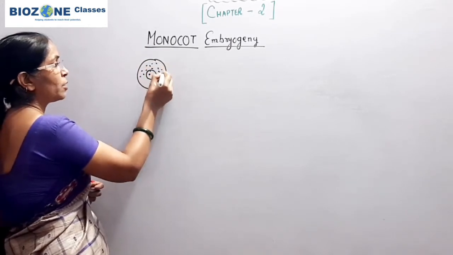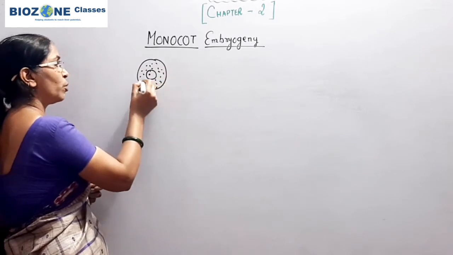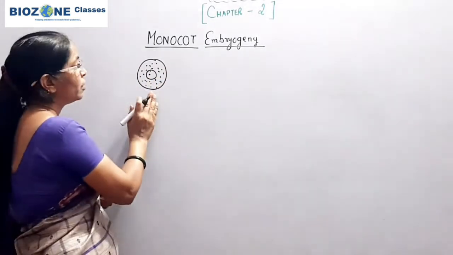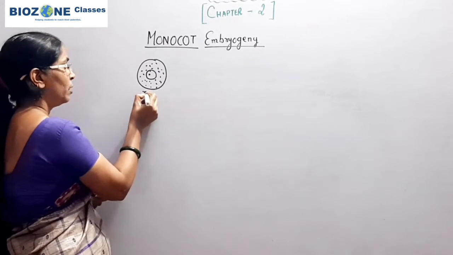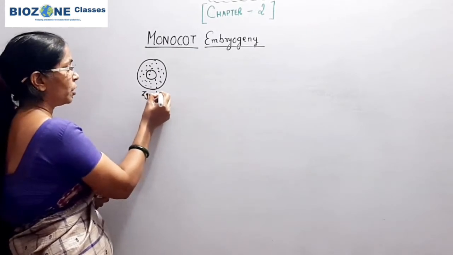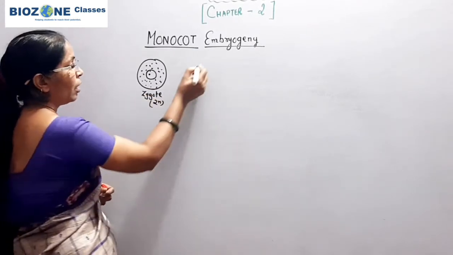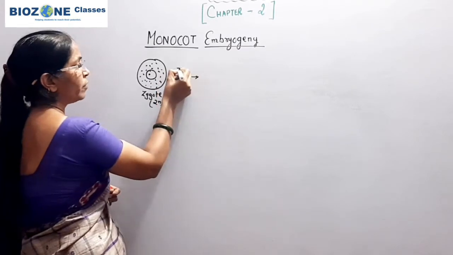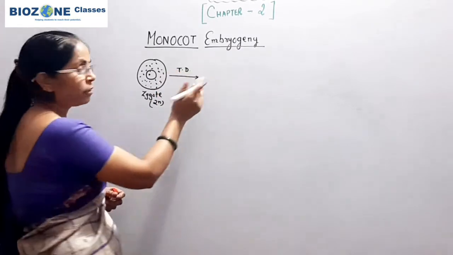The zygote is also formed in monocot at the micropylar end, and this zygote enters into transverse division, that is, simple mitosis division.